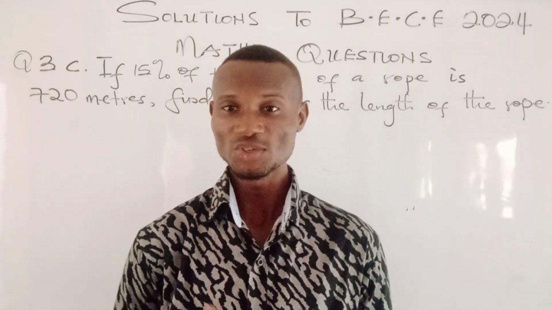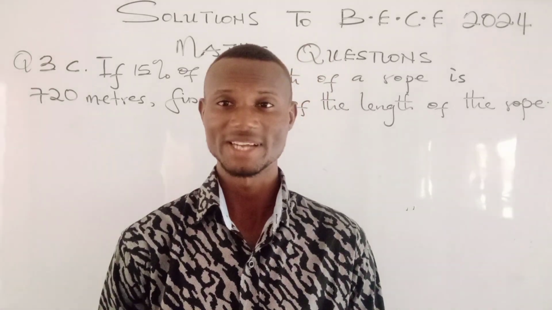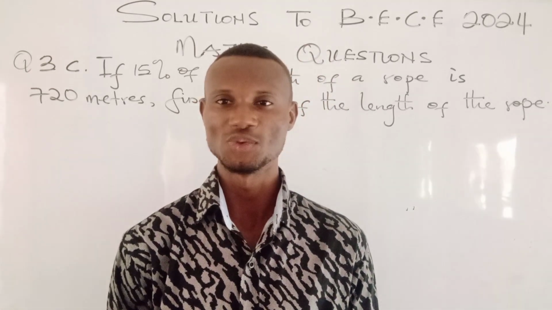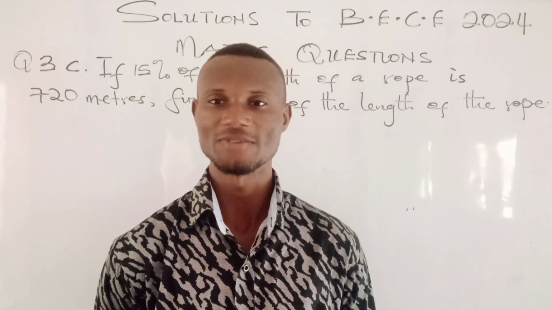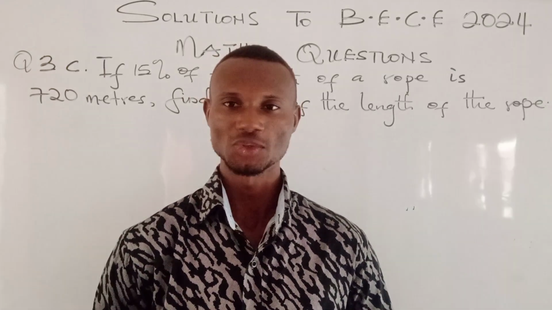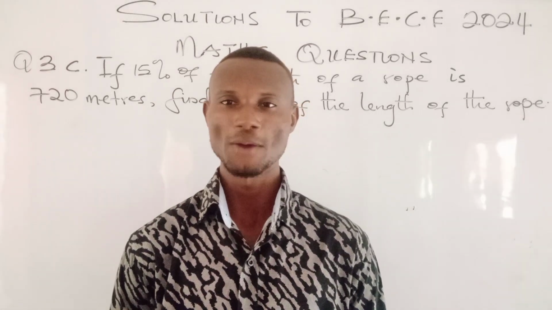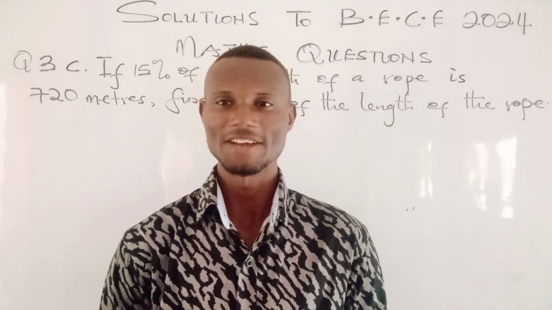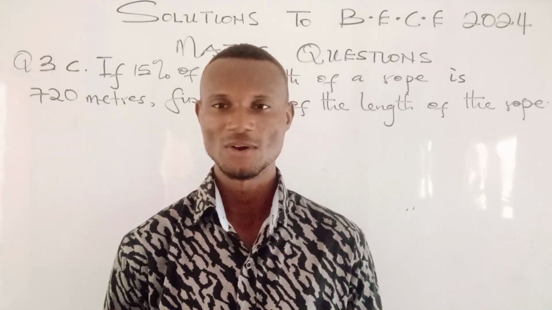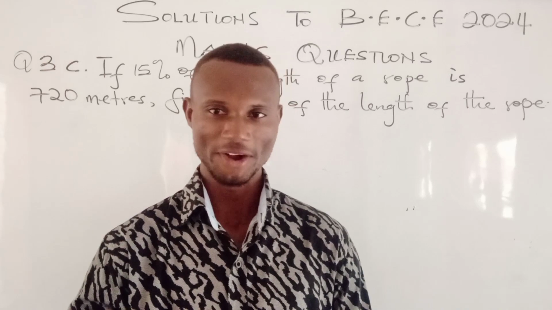So you can see that I read it at least twice to understand what the question is asking me to do, and the question is asking us to find half of the length of the rope. Also, I've explained to you that anytime you are solving a word problem question and there's a value that you don't know in it, what you do is that you represent that value by a variable.